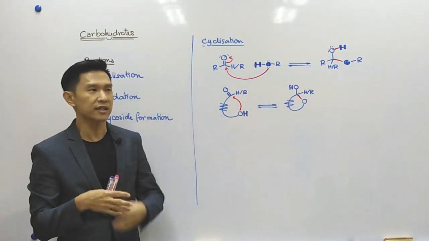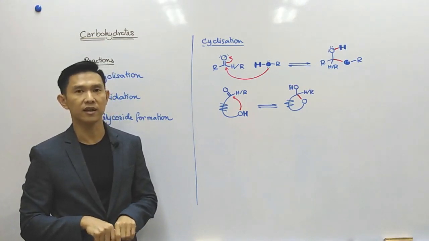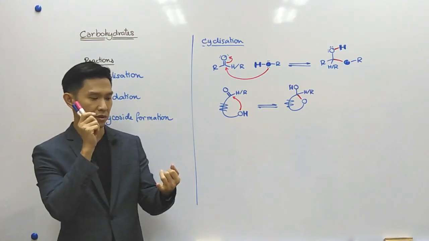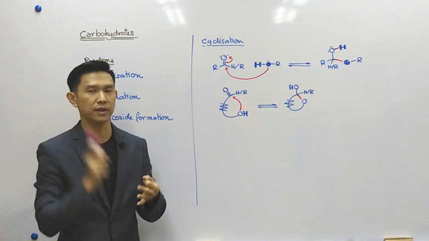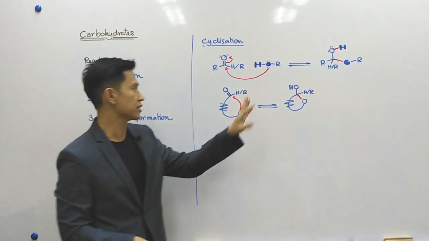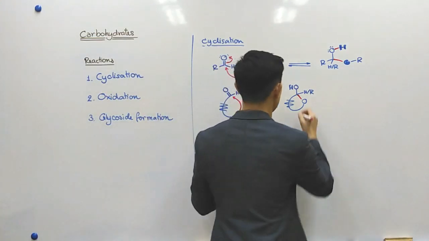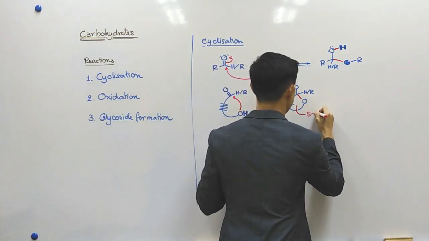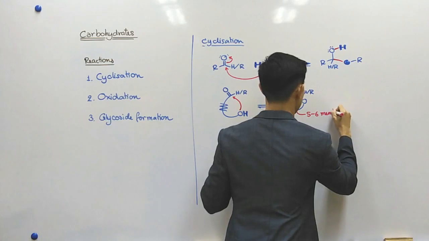Okay, so a cyclic structure can be a triangle, square, pentagon, hexagon, can be anything. But the stable cyclic structure here has to be a 5 to 6 membered ring.